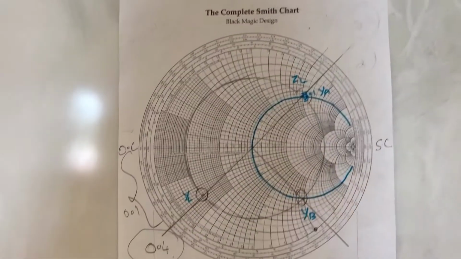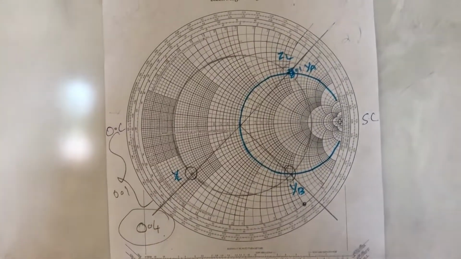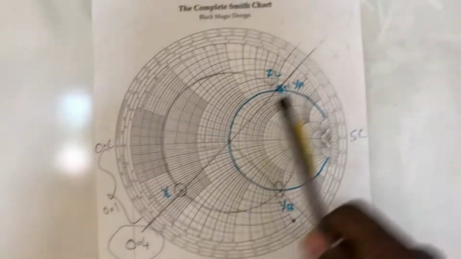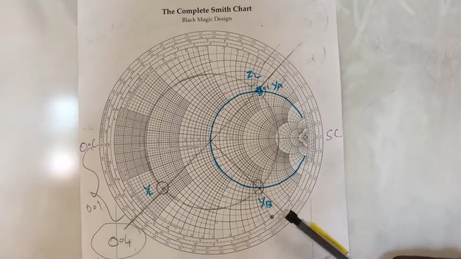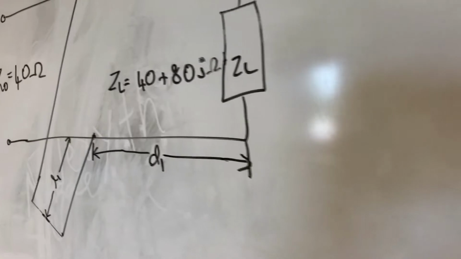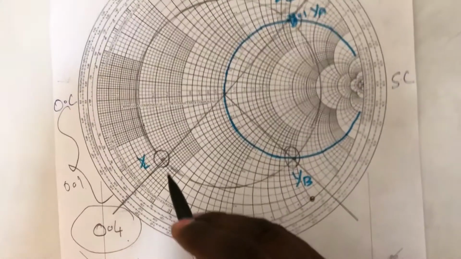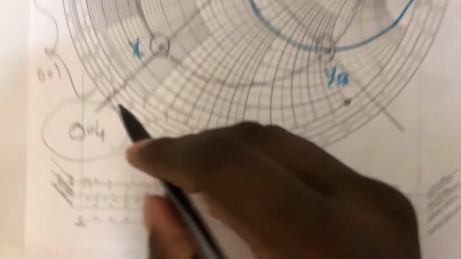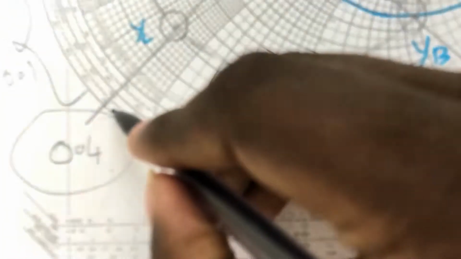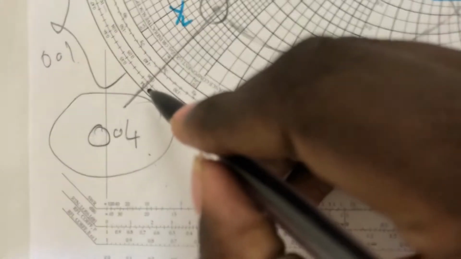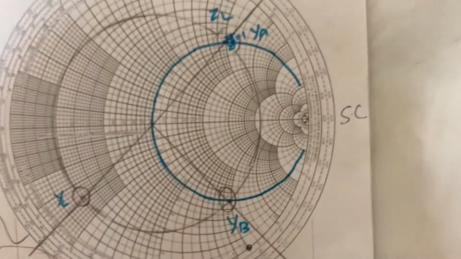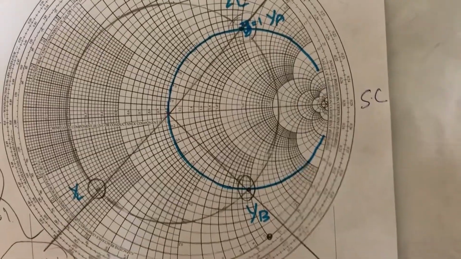Let's find the distance from the load. You have marked YL here, YA here, YB here. So let's find the distance of the stub from the load. Looking at this point outwards here, it's near 0.44. So let's take 0.44 and not 0.4 as I marked. It's actually 0.44.